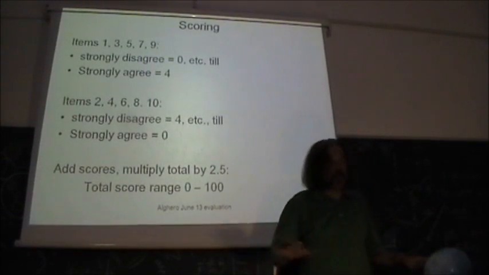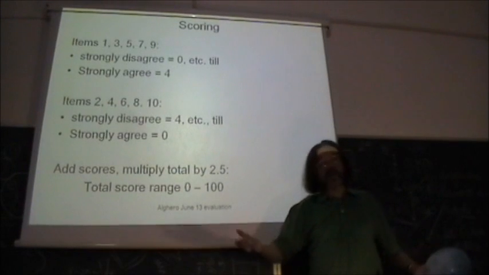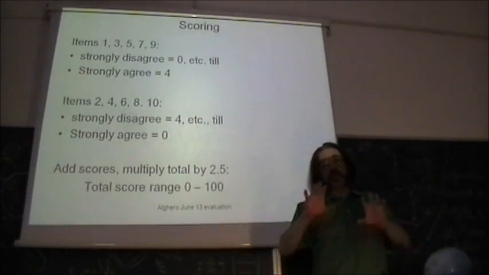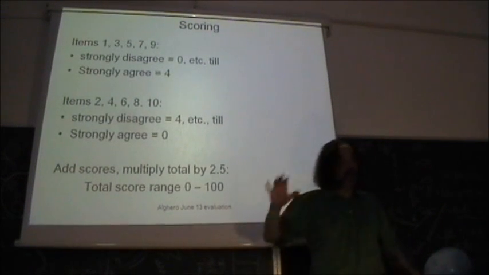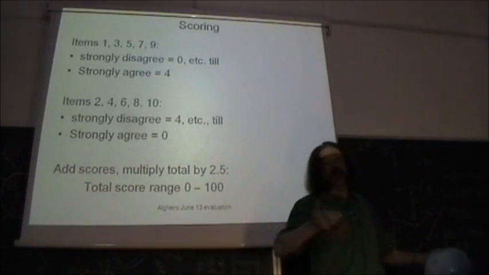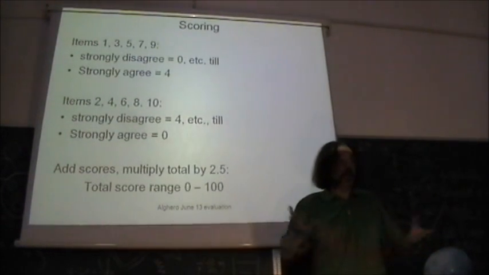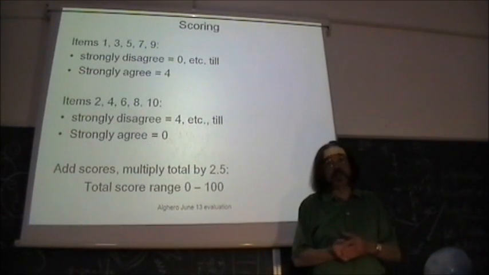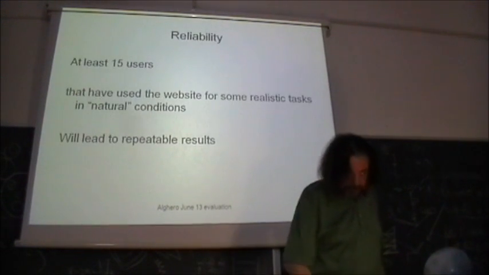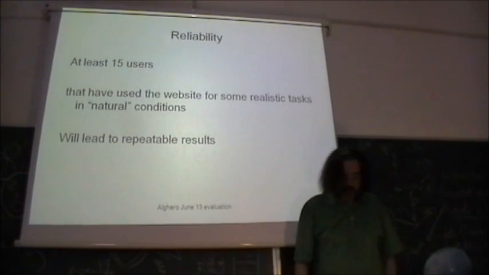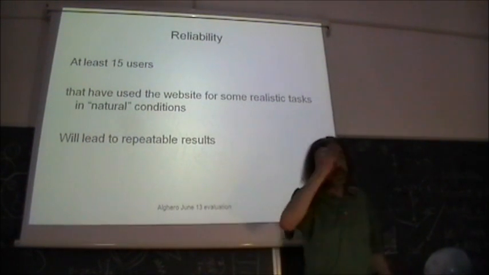Now, in our case, the team of evaluators, which is 4 or 5 people from another team, will behave like they were real users, and they will add up the scores and pretend they were not 3 or 4, but they were actually 15, right? Because we don't have the chance now. So we will kind of do a trick here. But in reality, at least 15 users, and they should have been using the website for real.